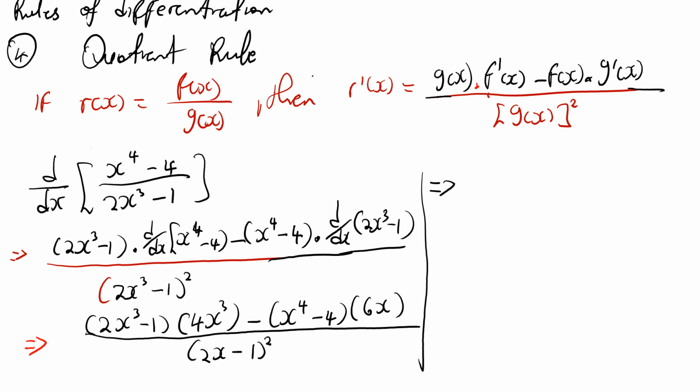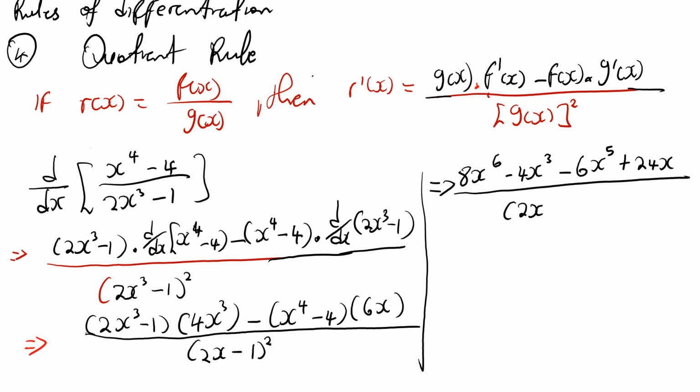We have 8x to the exponent of 6 minus 4x to the exponent of 3, again minus 6 to the exponent of 5 plus 24x, all these things divided by 2x cubed minus 1 all squared. I don't think we have like terms there. So the quotient rule is very simple.